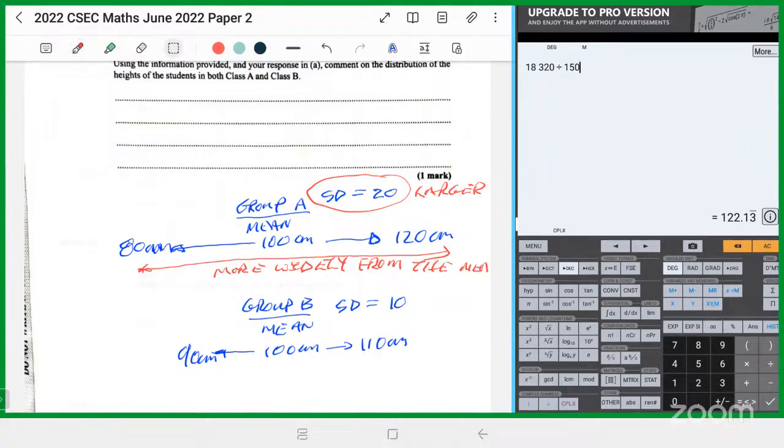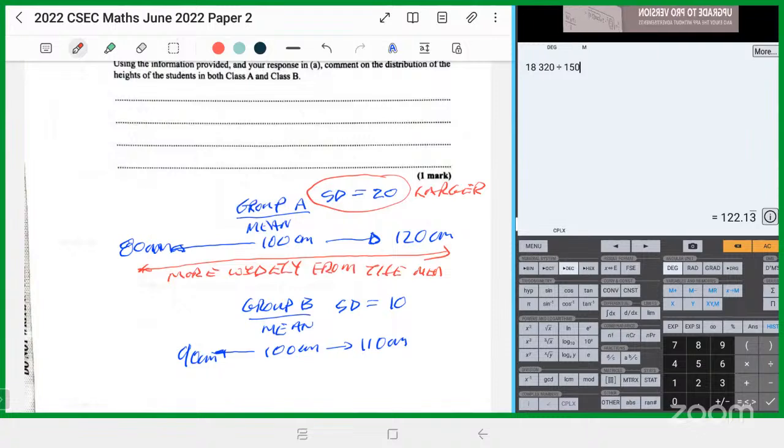Let me shift this over. The data becomes more widely spread from the mean. It's always from the mean. A standard deviation is measuring spread from the mean. So you have to see it from the mean.